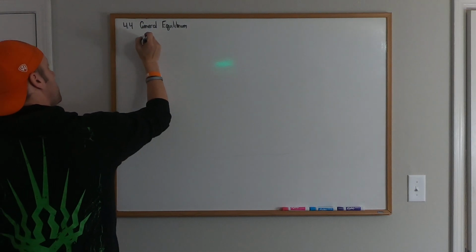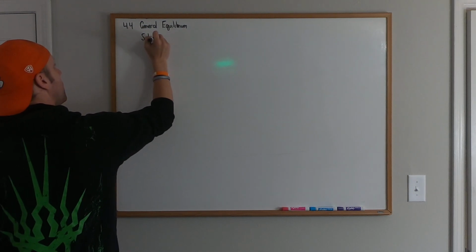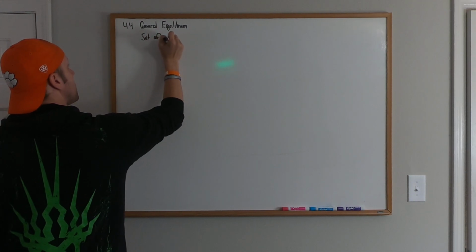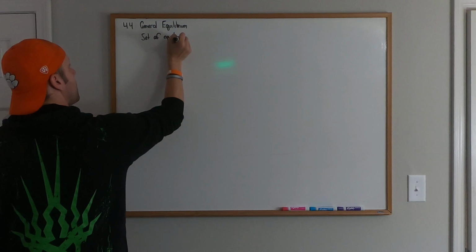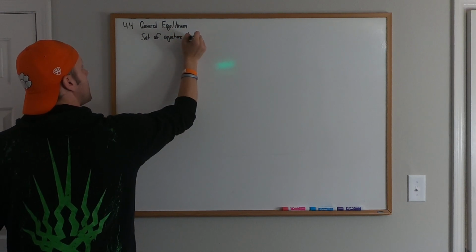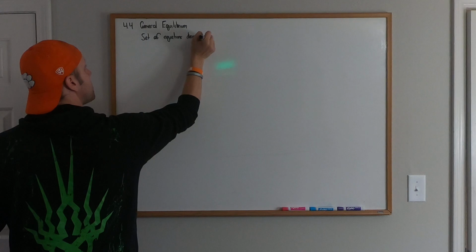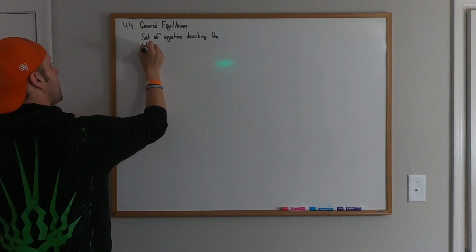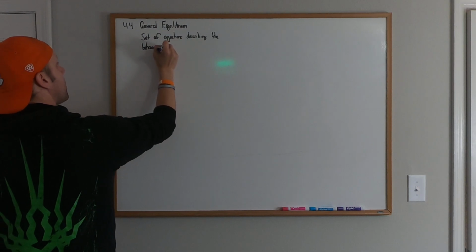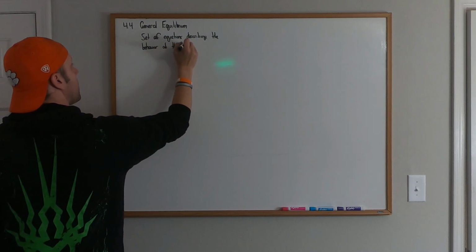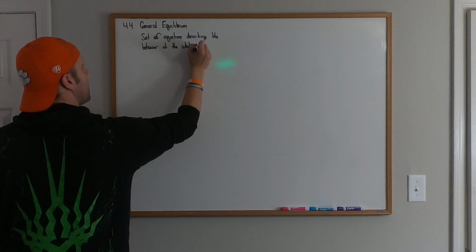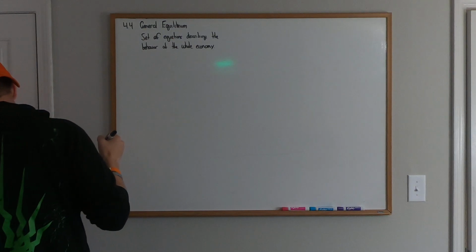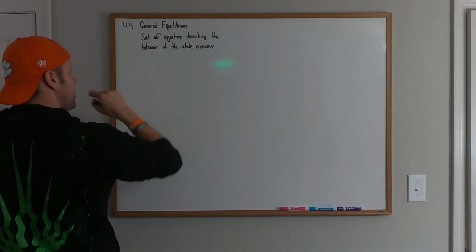So the general equilibrium is a set of equations describing the behavior of the whole economy. So what are these equations going to be?